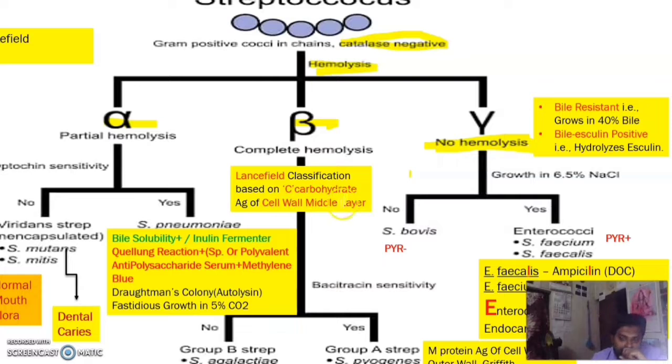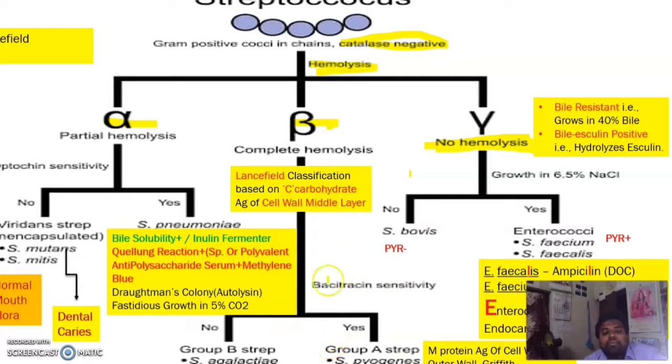According to that, beta hemolytic Streptococci are divided into various groups: A, B, C, D, F, G, H, etc. I and J are most probably omitted.